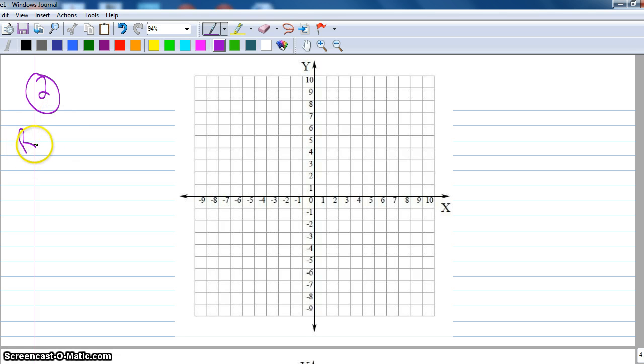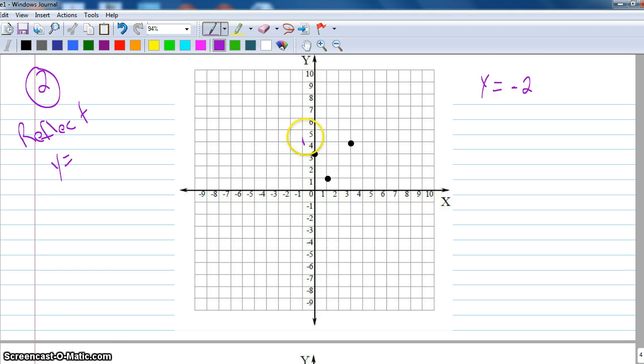Not bad. So let's do the next one. Number 2 is to reflect across y equals. For this one we're going to reflect across y equals -2. So the same points as before. Here's my A, here's my B, and here's my C. Connect. Whoa, totally screwed up. A to B, B to C, and A to C. It's hard using this pen on this pad here.